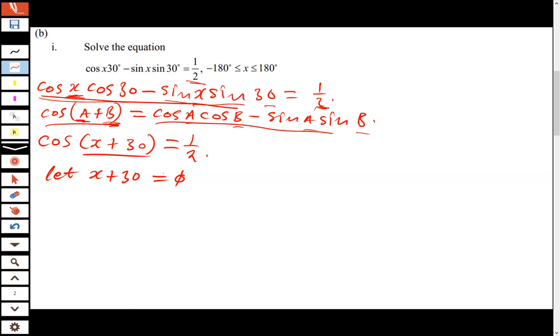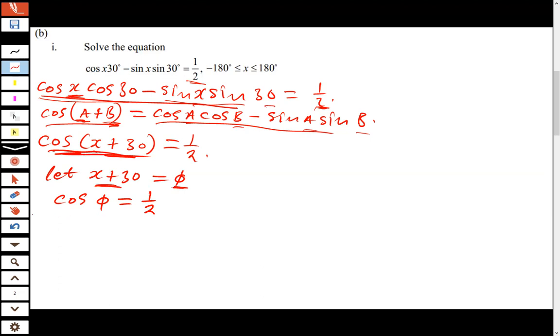The reason why we're doing this is because we first want to find a reference angle. So this equation can now be written as cos phi is equal to 1 over 2, where I've put phi in place of this expression.